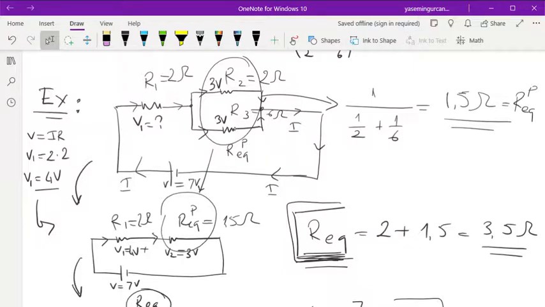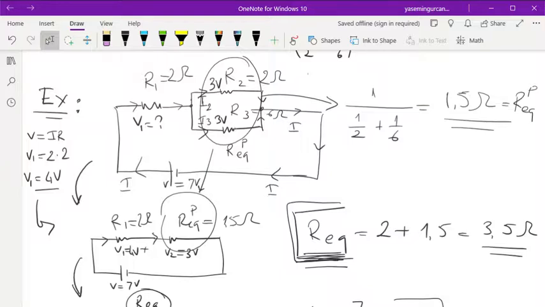So if you need to find, for example, if the main branch I splits into these, say, I2 and I3, I'm naming them according to their resistance values, okay? I2 is what is flowing over R2 and I3 is what is flowing over R3.